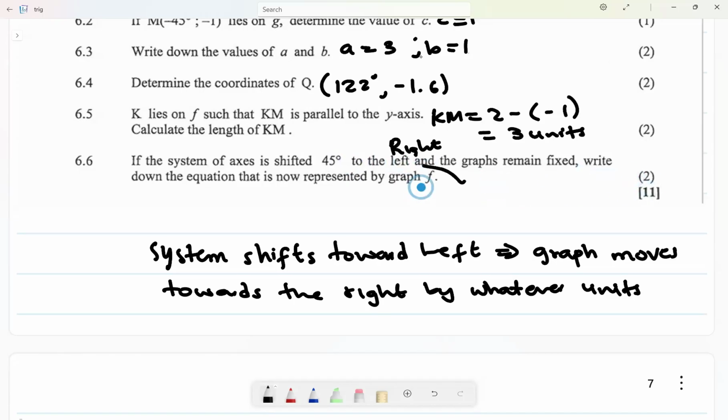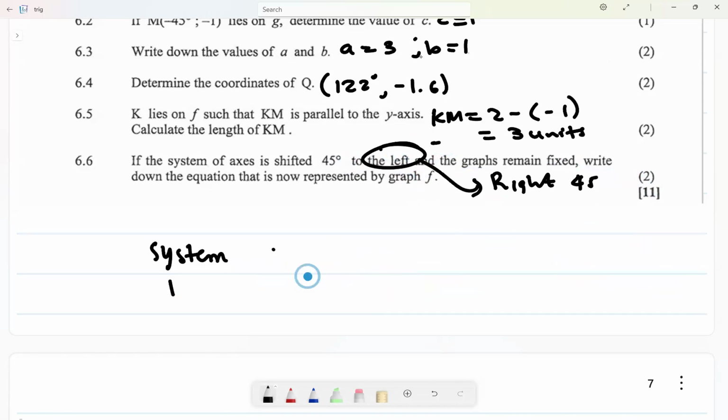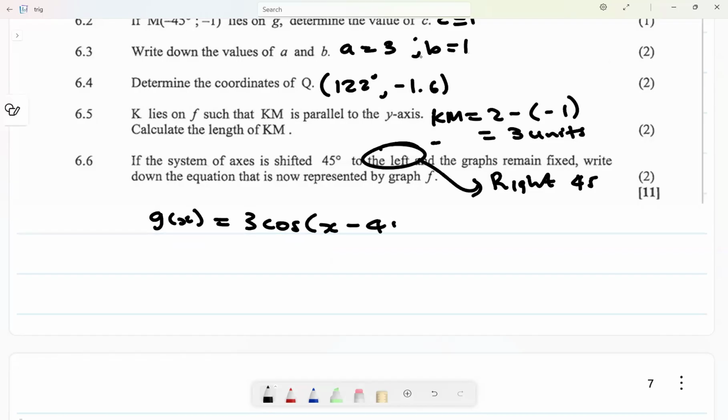So I want you to understand it like that. Since here the axis went left, my graph acted like it shifted towards the right by 45 units. And we know that when we take that to an equation, graph shifting towards the right is x minus 45 degrees, because it is when p is less than 0. So it's just going to be minus 45 degrees.